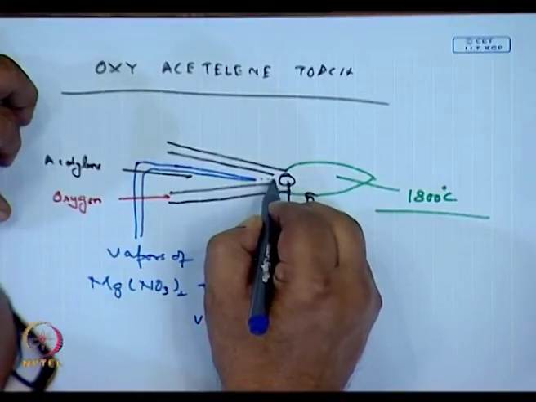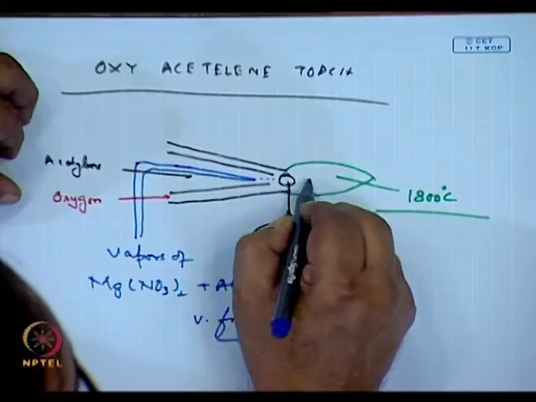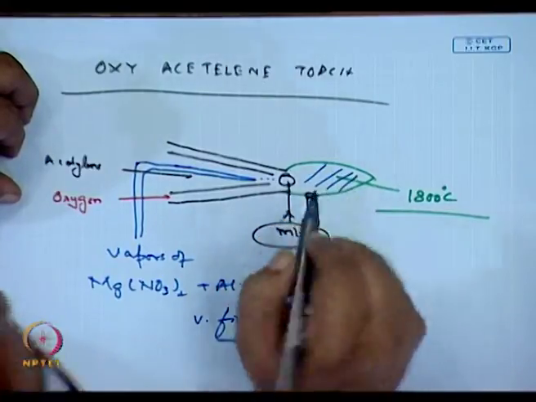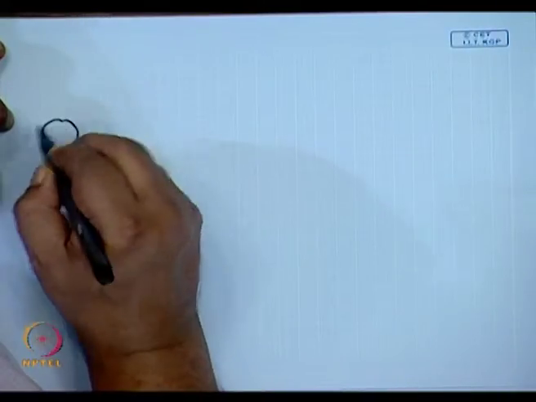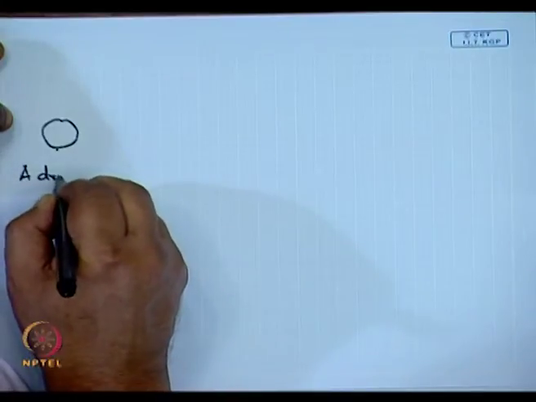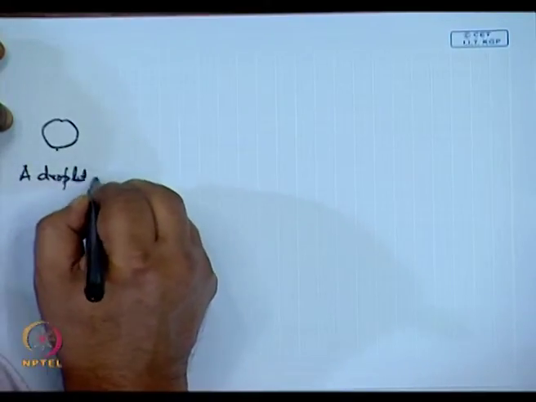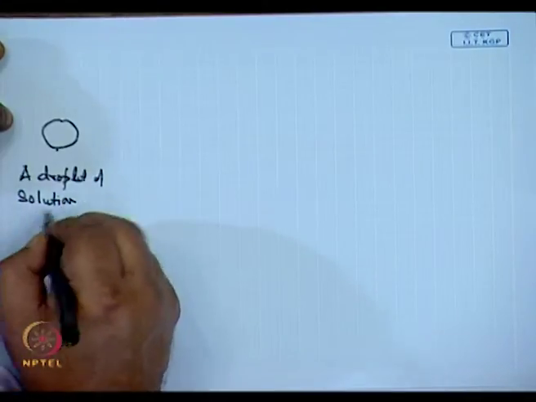These fine sprays will be carried through with the gases, and there in this hot zone a lot of things can happen. For example, at the very first level, this is, let us say, a droplet of solution sprayed in.